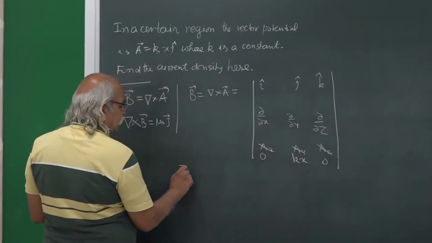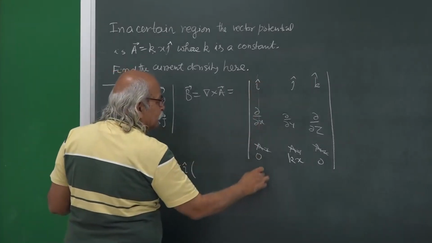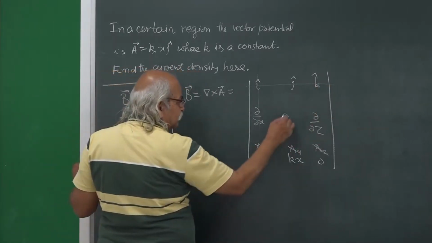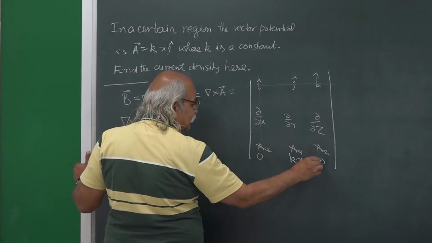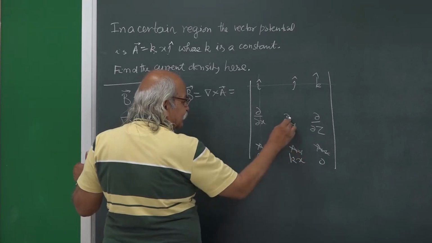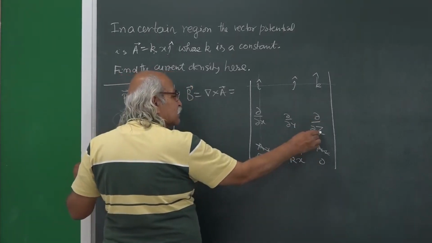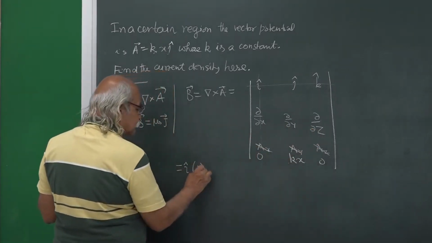It will be i cap, and then mentally omit this row and column, and then you have this 2 by 2 matrix del y of 0 and minus del z of kx. This is 0 and this is also 0, it is x here and differentiation is with respect to z. So, this whole thing is 0.